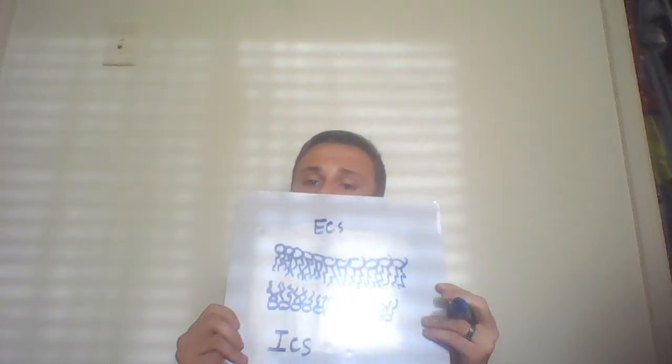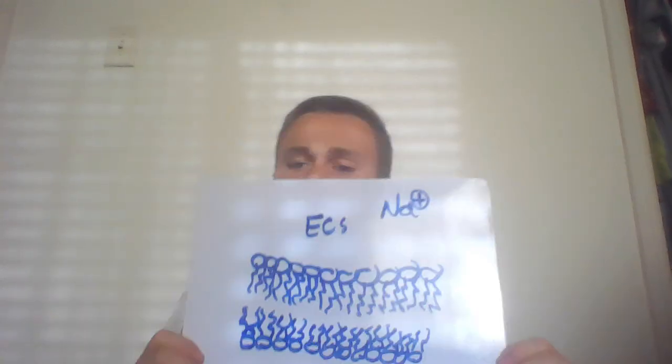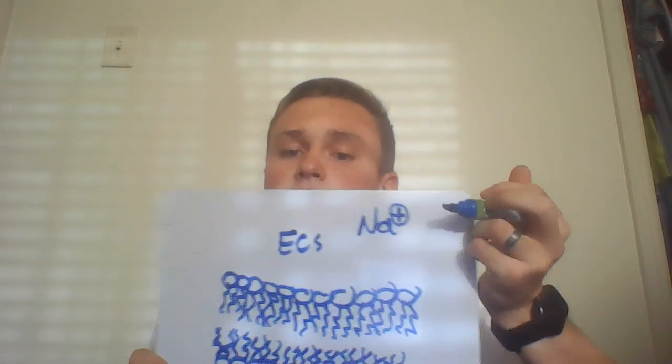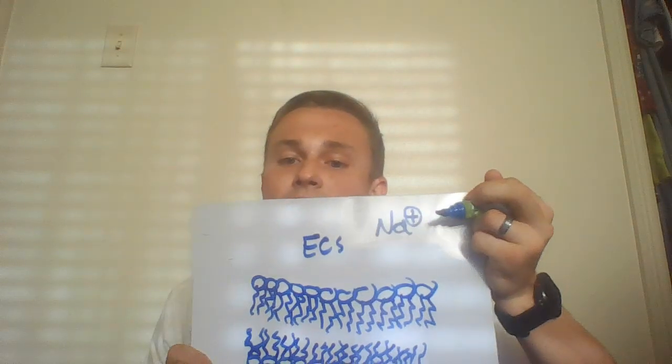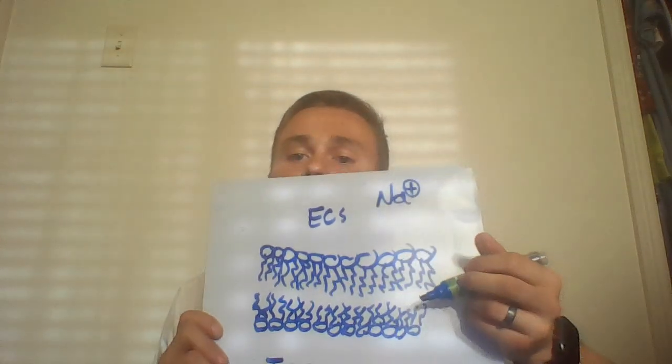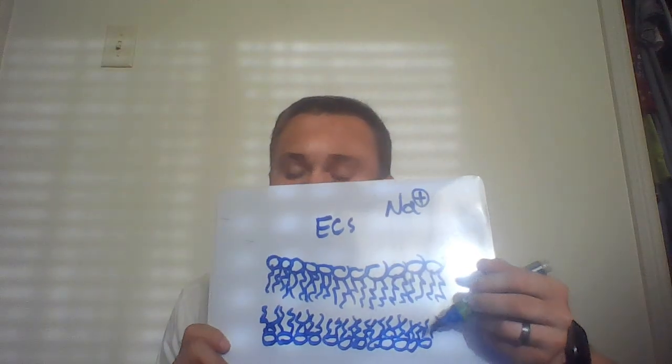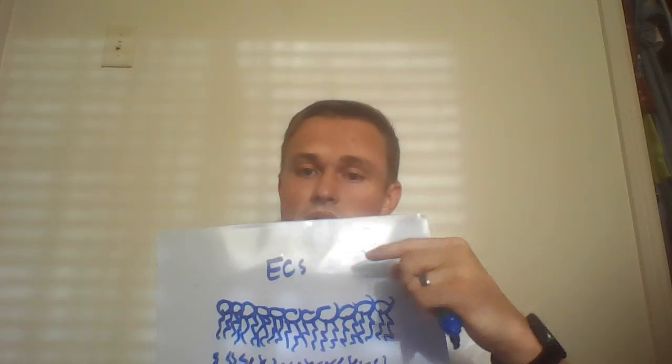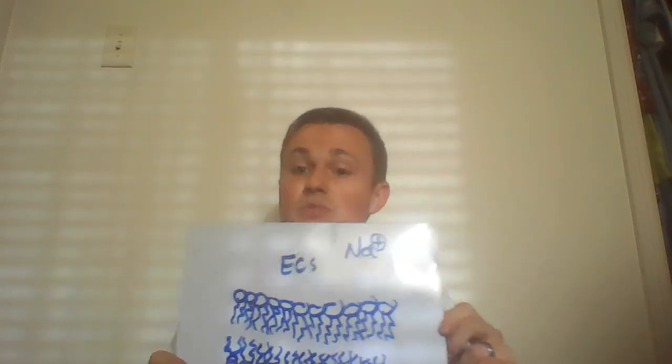So say we have a sodium particle on the outside of the cell. Our little sodium particle has a charge. Now that means it cannot easily go across our phospholipid bilayer. Luckily for our sodium, we have what is called a sodium channel. This is one example of the many different types of channel proteins that exist within our cell membranes.